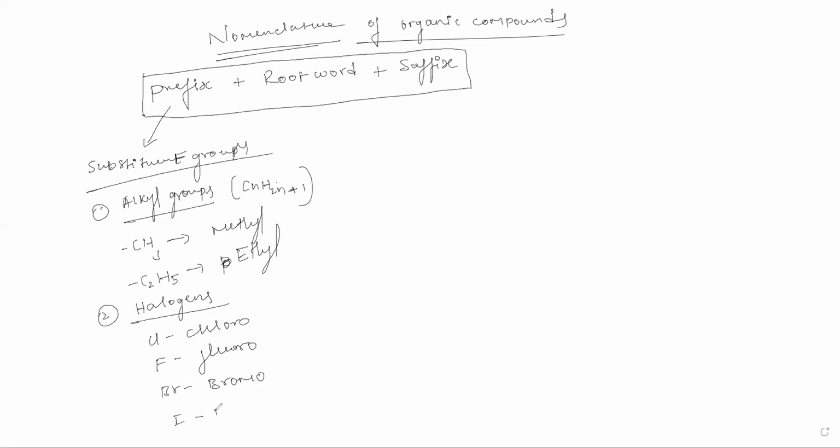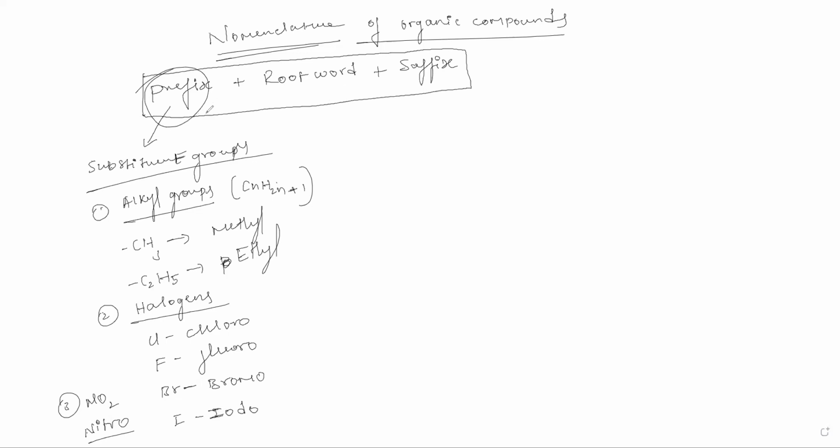If I is present, iodo. Other than this, if an NO2 group is present, that also comes under prefix. We use nitro for NO2. These are prefixes. The prefix comes before the root word.